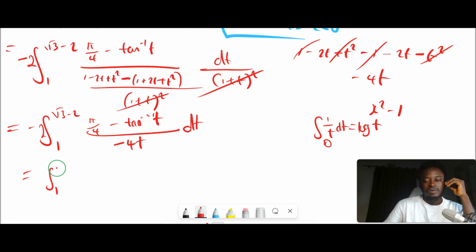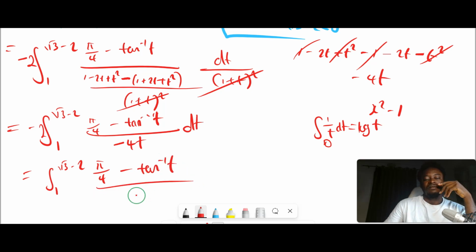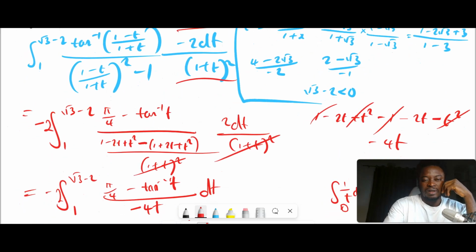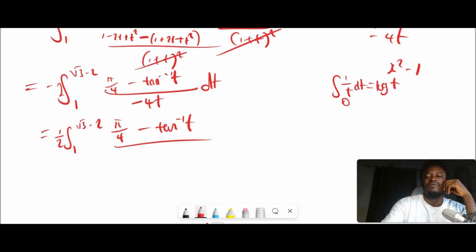So this will be the integral from 1 to square root of 3 minus 2 of pi over 4 minus tan inverse of t, all divided by, now the 2 cancels out, you get 1/2, and also there was a 2 here. Let me check. Yeah, so you have half all divided by t dt.